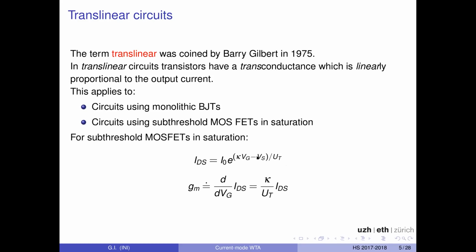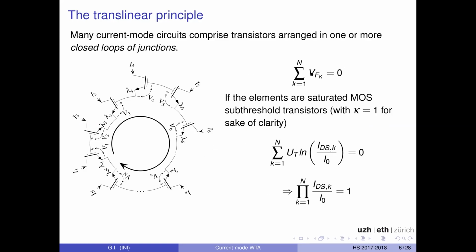So it's just the property of the exponential, where the product of all of these individual currents is going to be equal to IDS over I0. This is basically what this formula is saying here. If these are VGSs and you have MOSFETs, that is equal to the log of the ratio. And if the sum is equal to 0, the product is equal to 1.